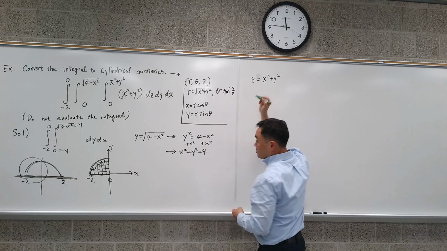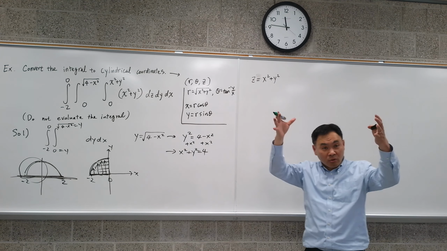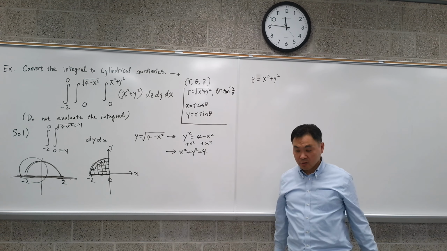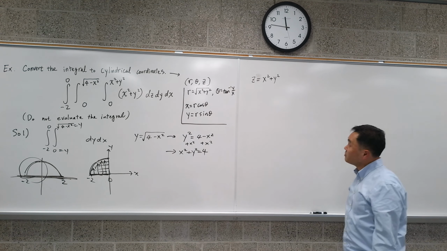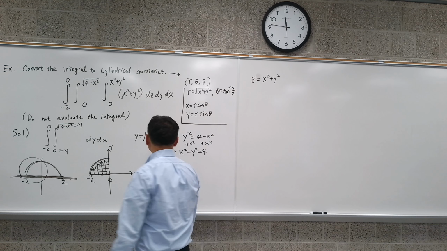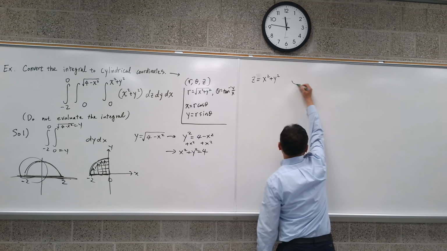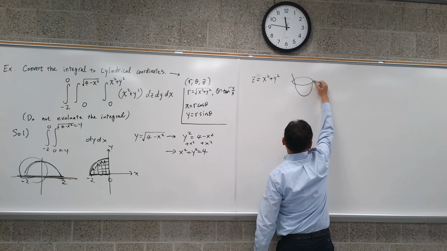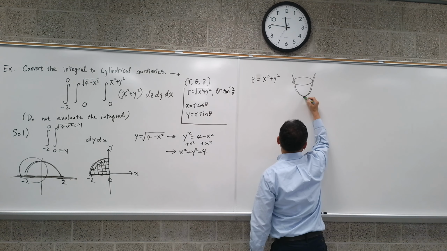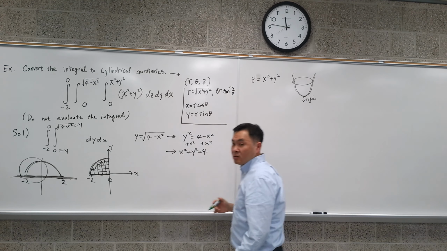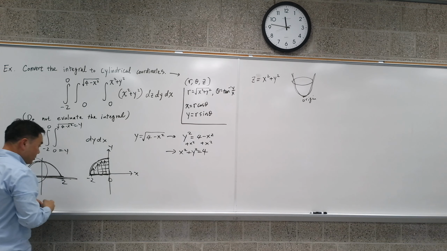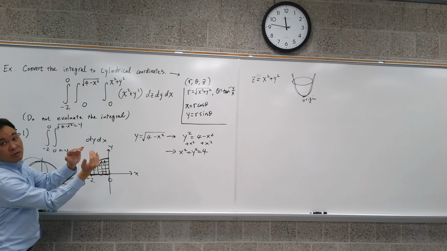It's like a bowl. It's a parabolic bowl called a paraboloid, which is a 3D shape. It's like this, where this is the origin. So in this picture, you have something like that.